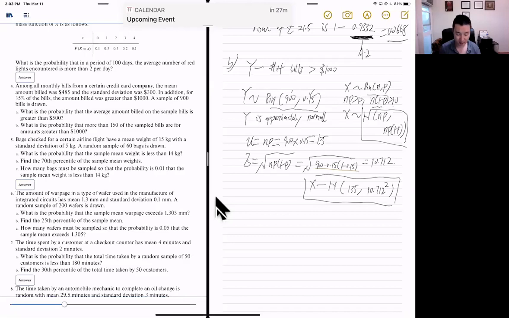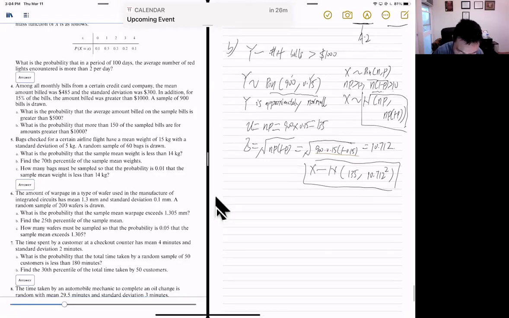We should calculate P(X=151) plus P(X=152) plus blah blah blah plus P(X=900). It is super hard to calculate because this is a discrete distribution. We need to add all the probabilities together. But if we can transfer that into normal distribution, we can just easily use the Z table to calculate the probability. And that's why we use central limit theorem.